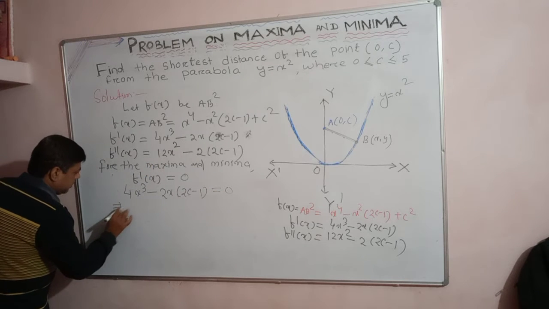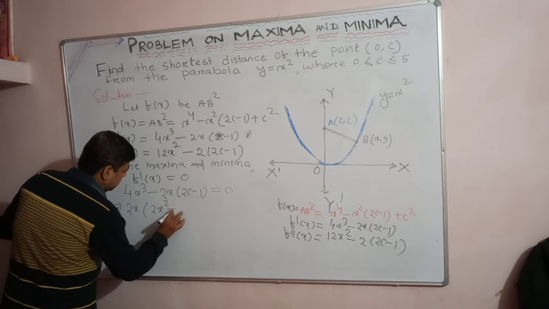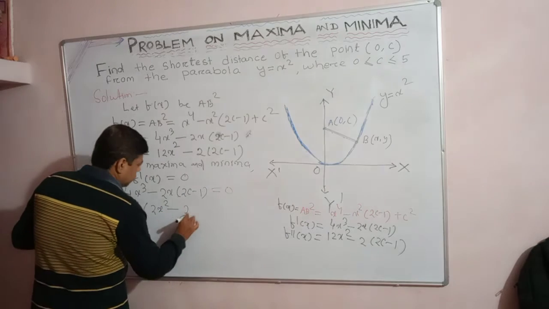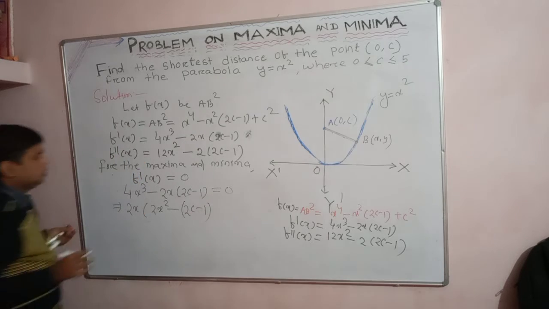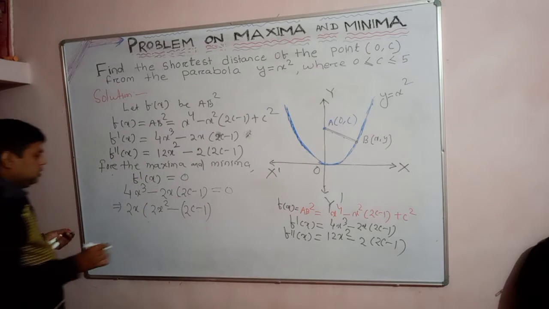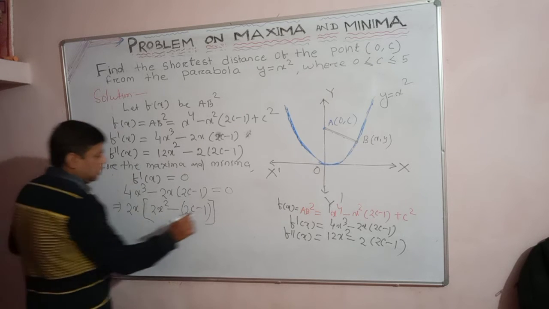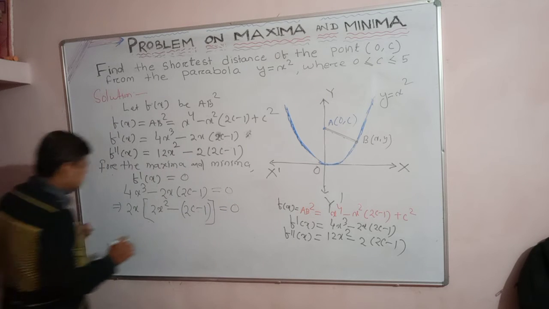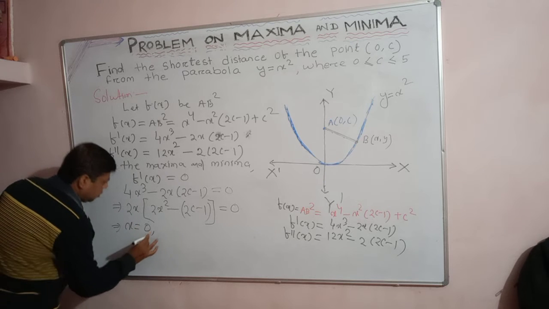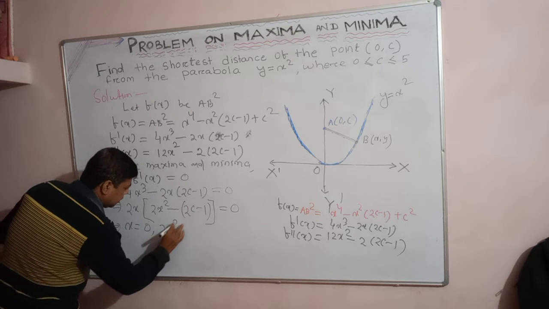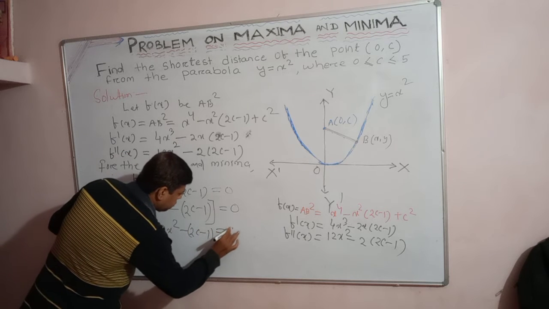That implies we can take 2x as common, so it will be 2x times (2x square minus (2c minus 1)) equal to 0.